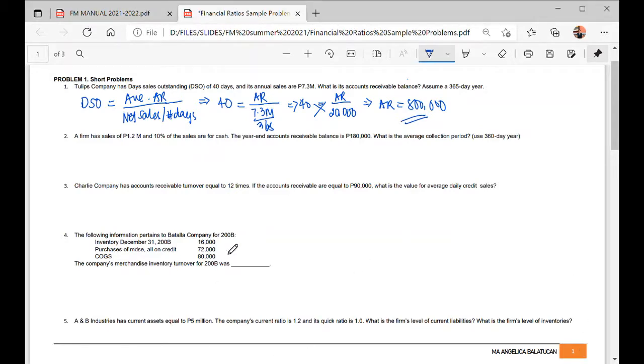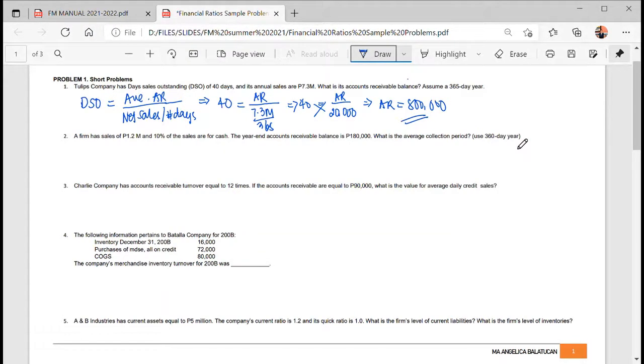Okay. Second question: a firm has sales of 1.2 million and 10% of the sales are for cash. The year-end accounts receivable balance is 180,000. The number of days given is 360 days per year. Since the question is average collection period, you need to use the average collection period formula and check if the components of that formula are provided in the problem.